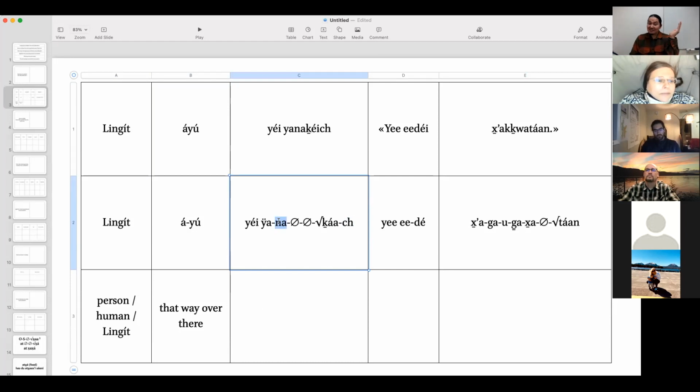It's usually turned off. We're going to turn it on in command form, and you can turn it on in this habitual form. So a person always, and we're looking for ya, 0, ka, which in a perfective you would hear as ye ya wa ka. In a command you would hear it as ye ya na ka.